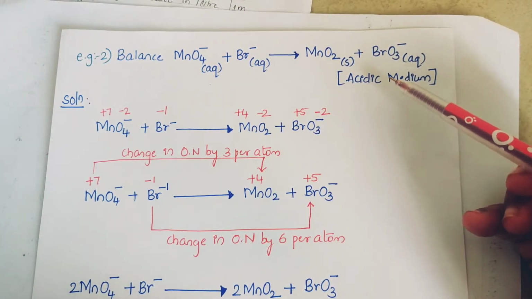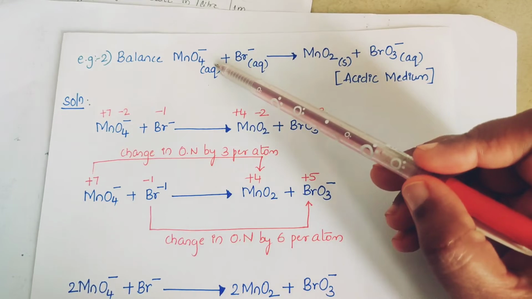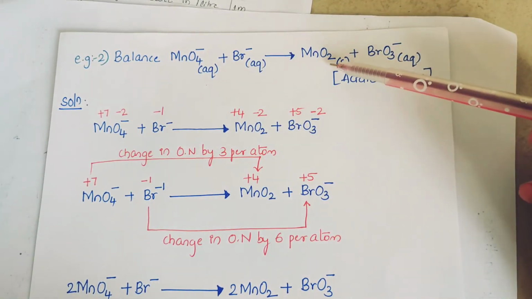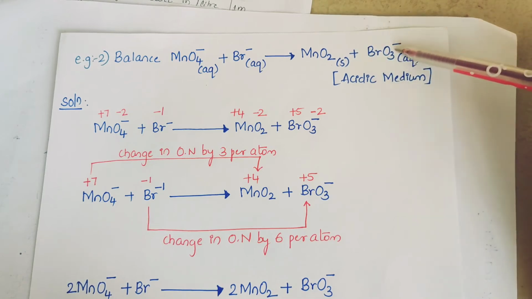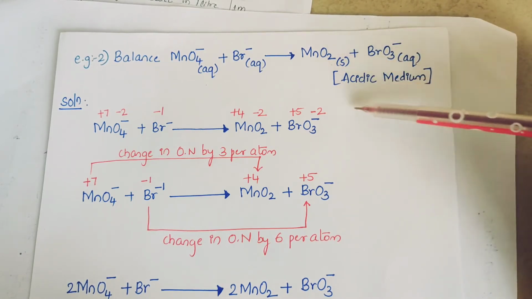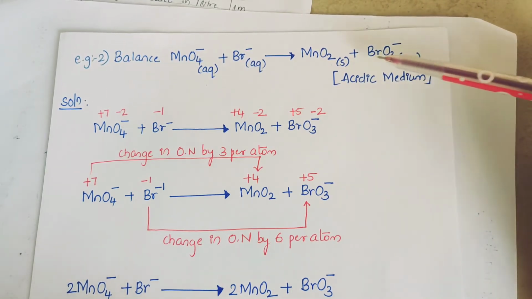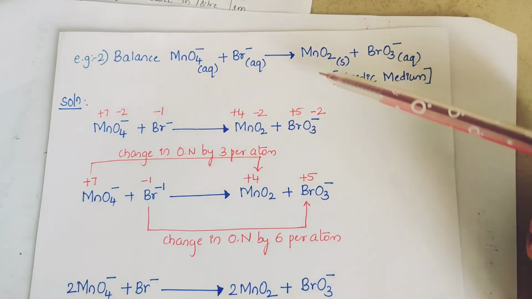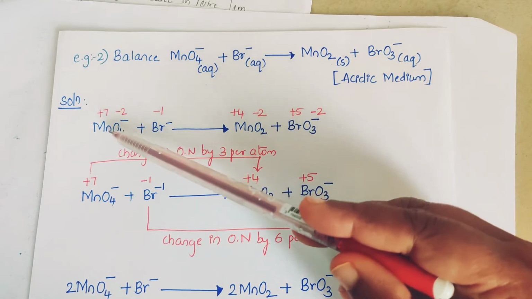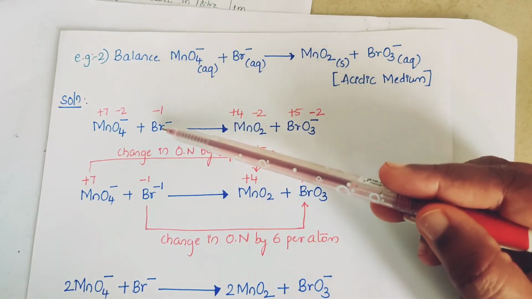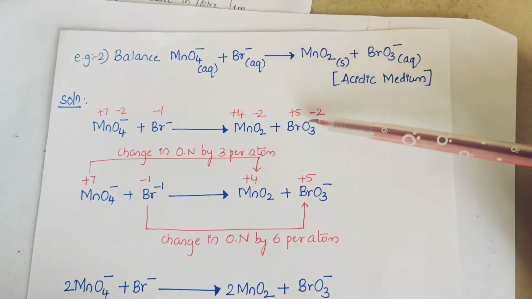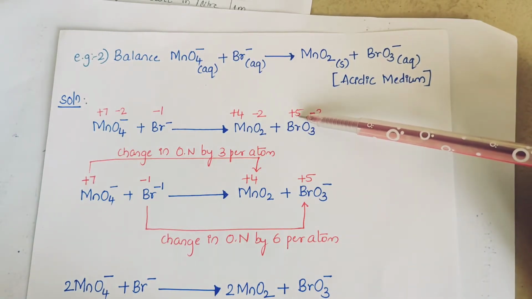We'll take one more example to solve. Balance MnO4- plus Br- giving rise to MnO2 plus BrO3-, and the medium is acidic here. First you write the equation as it is, then you write the oxidation states of each element. Manganese is in +7 oxidation state, Br is -1, here manganese is +4, Br is +5.